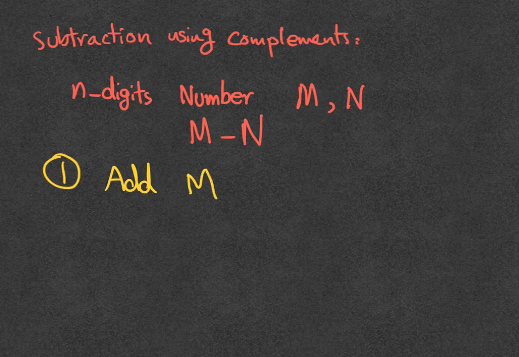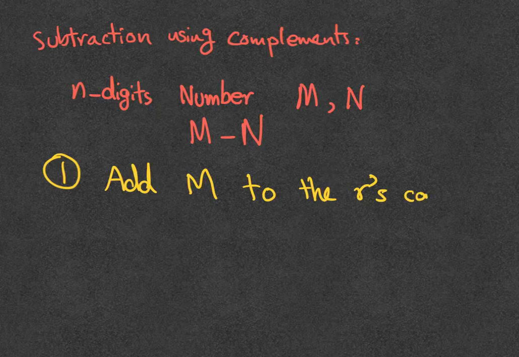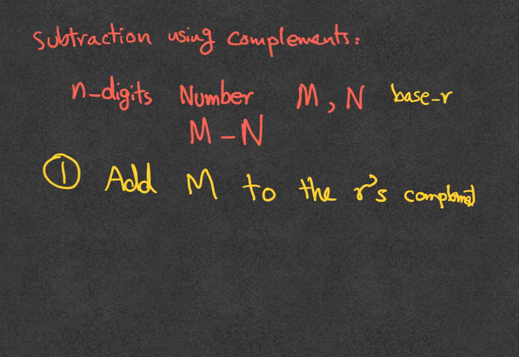You add m to the r's complement of n, and it depends on the base of the number. These are base r. M and n, we consider that these are base r. So first you add m to r's complement of n.